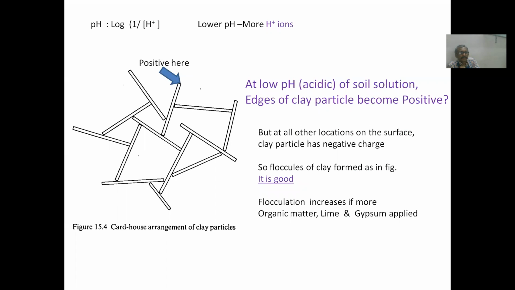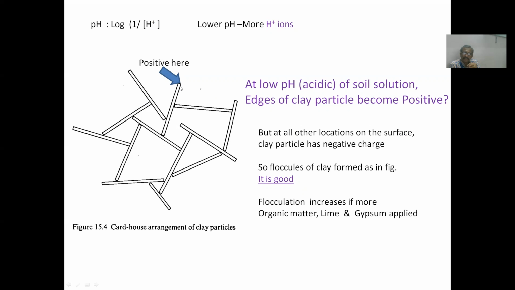And the next thing is, you know that pH is a logarithm of 1 by hydrogen ion concentration. So the lower the pH, the more positive ions you will have. If your soil solution has a lower pH, it has been found that you will have more positive ions at the edges of a clay particle.